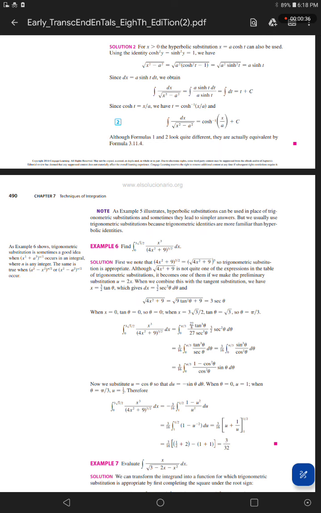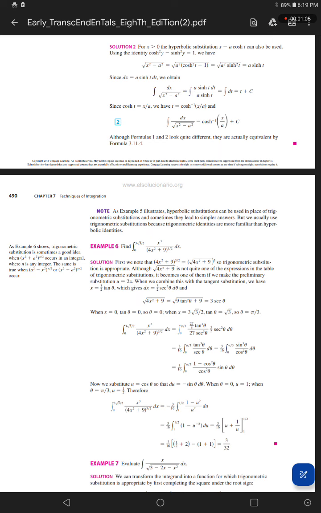Solution. First we note that (4x squared plus 9) to the power 3 over 2 equals (the square root of 4x squared plus 9) cubed.